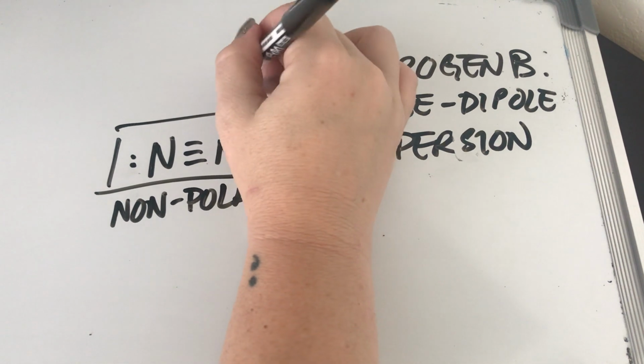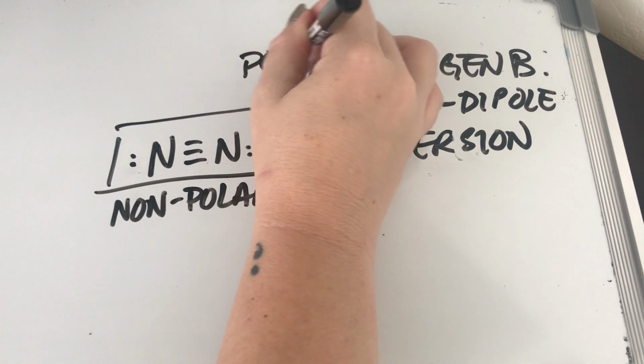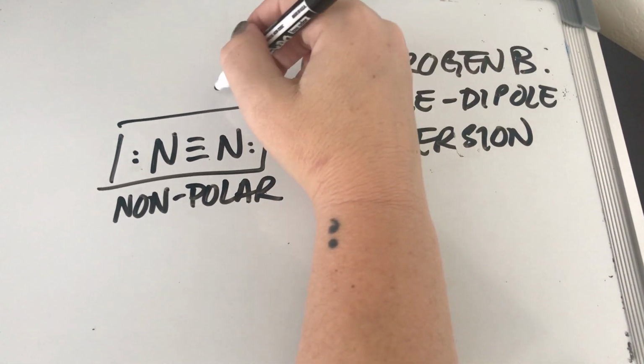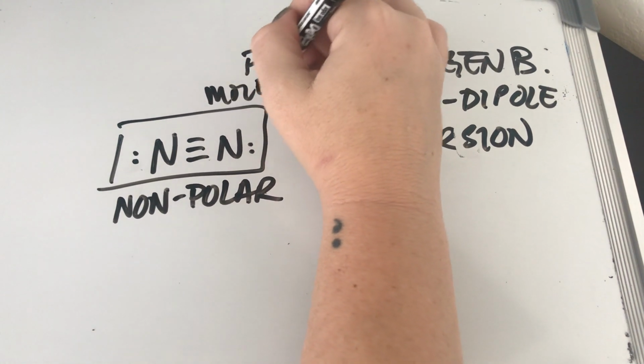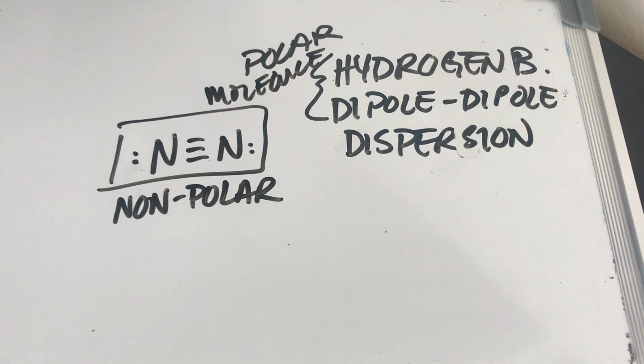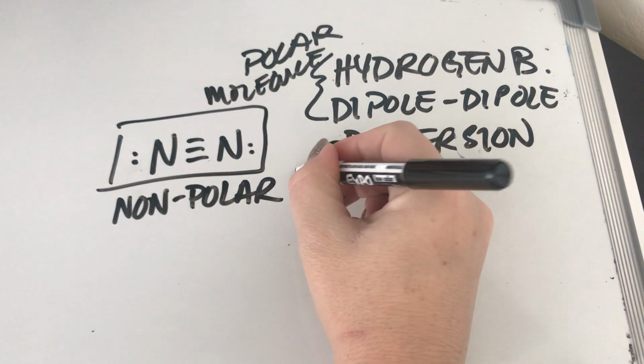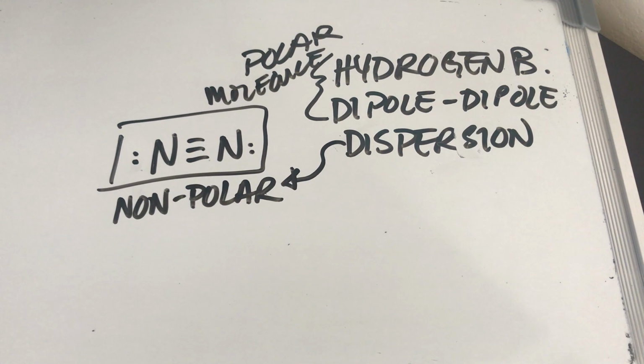Okay? So, in order to have these two IMFs, one or the other of them, you have to have a polar molecule. This is the only one that a nonpolar molecule will have.